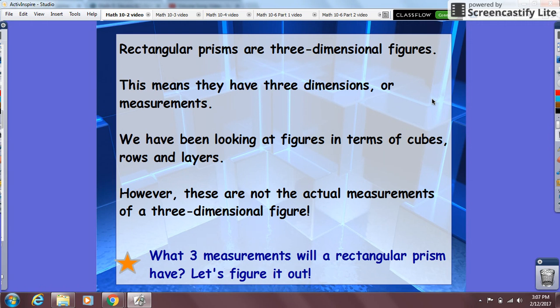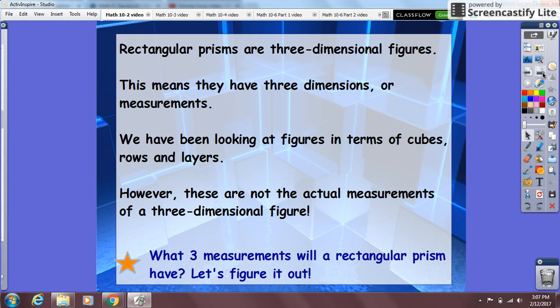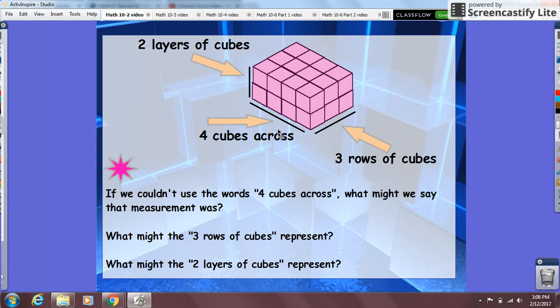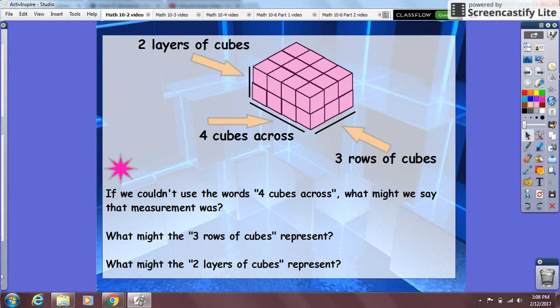So let's figure out which measurements we could use to help us create a formula for finding the volume. If we couldn't use the words 4 cubes across, or 3 rows of cubes and 2 layers of cubes, then what might we use instead? If we think in terms of measurement, think about that for a minute and see what you come up with.